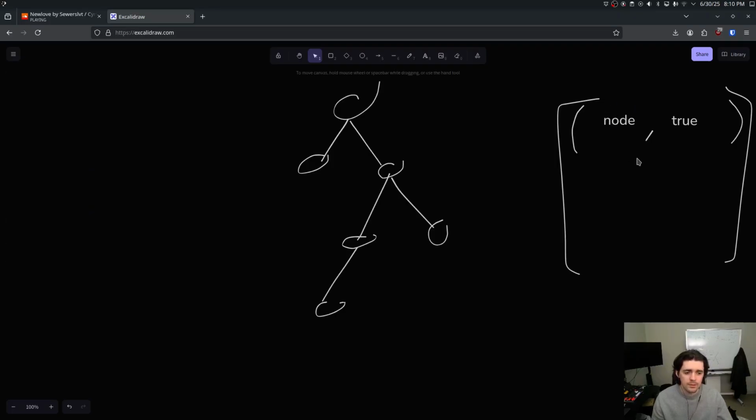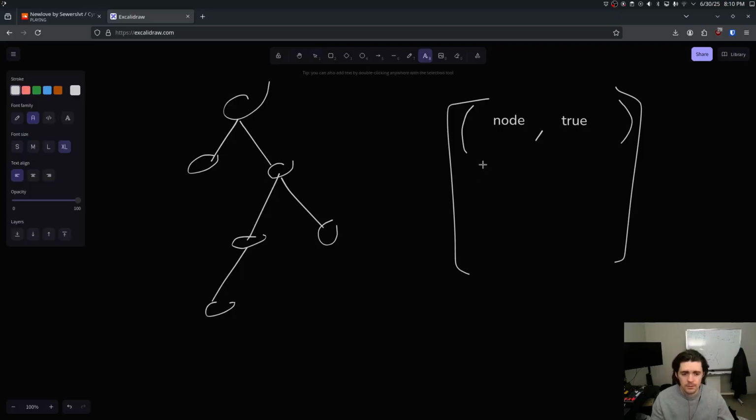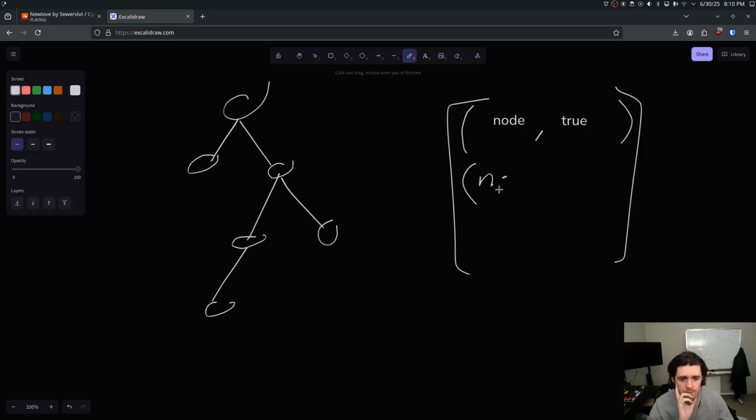So the stack would eventually look like true, node, false.